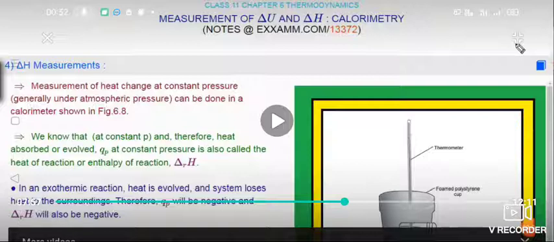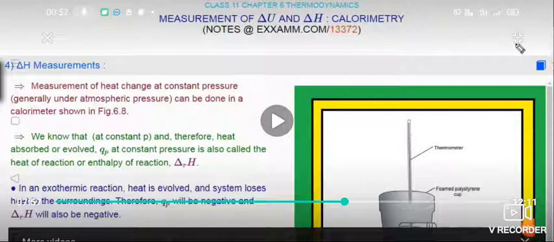The amount of heat evolved in the reaction is equal to the sum of heat absorbed by the water, Q water, and the heat absorbed by the calorimeter, Q cal. So QR is equal to minus (Q water plus Q calorimeter). That's the principle of the calorimeter.